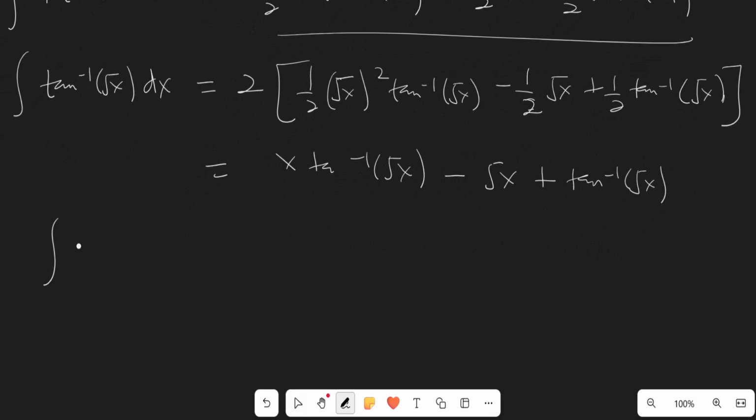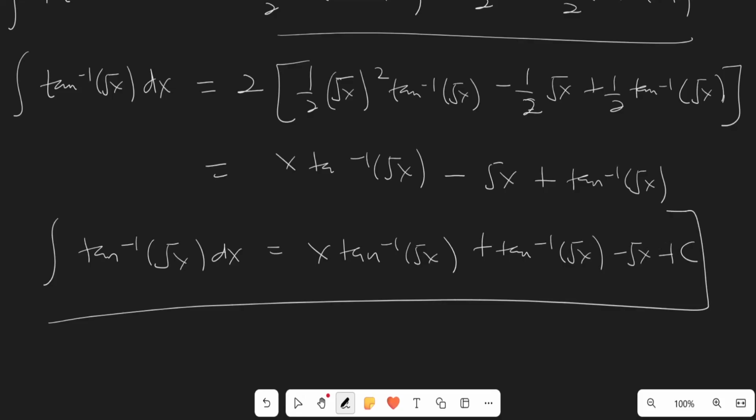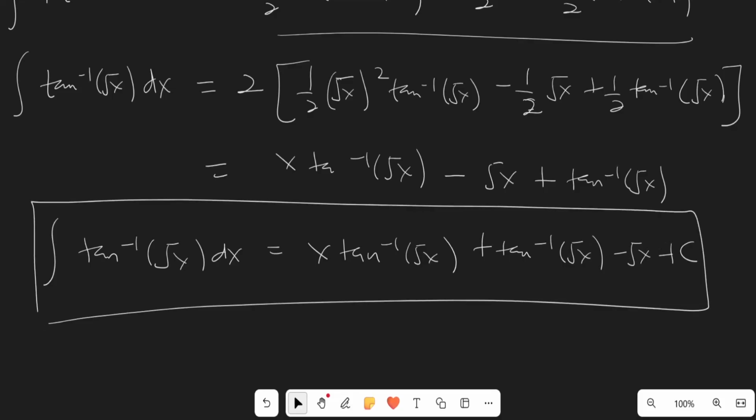In that case, the integral of tan inverse of the square root of x dx is x tan inverse of the square root of x plus tan inverse of the square root of x minus the square root of x plus c. This is the value of our integral.